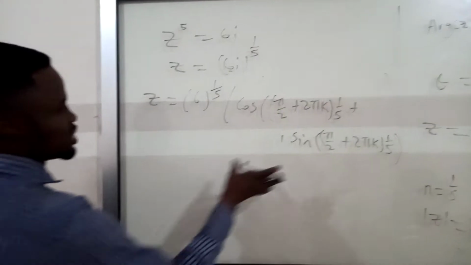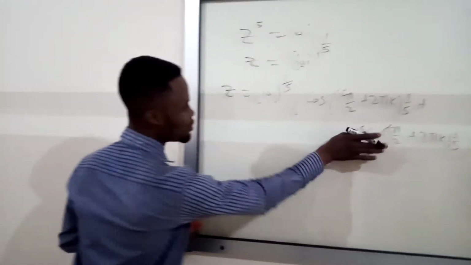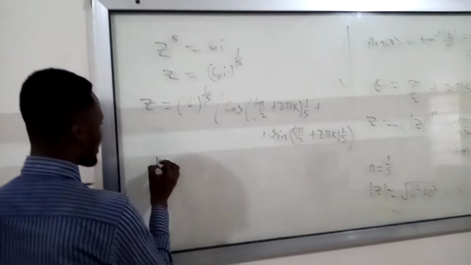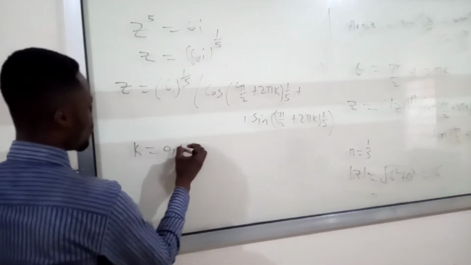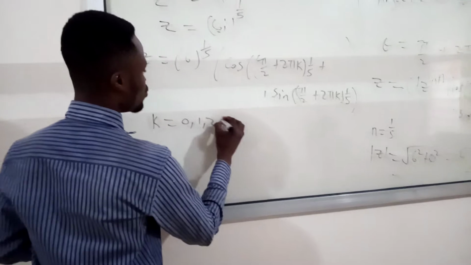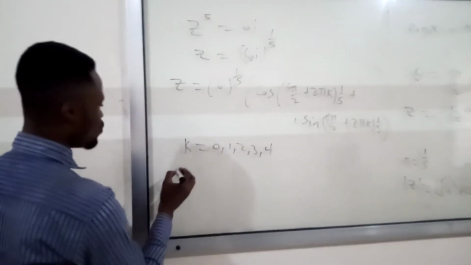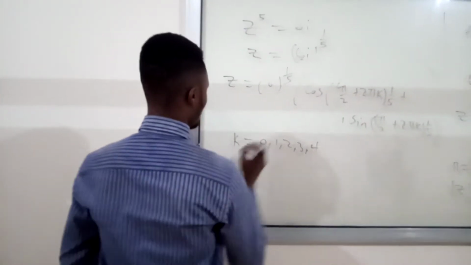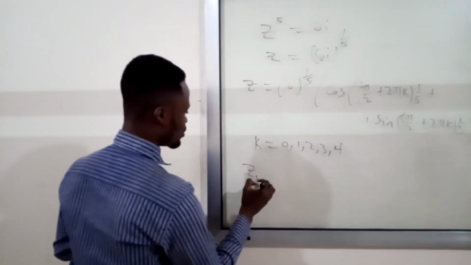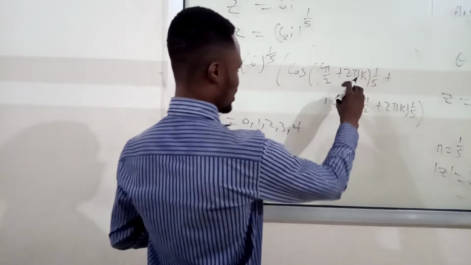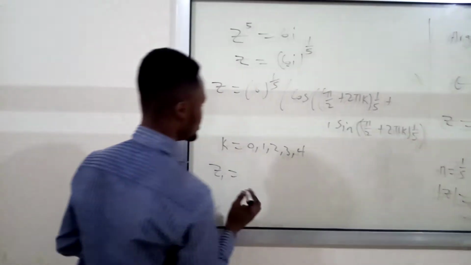If you want the values of Z, we are starting from when k is equal to 0, 1, 2, up to 4. Starting from this formula, when k is equal to 0, that is Z1. So we go to the formula, and where we see k, we put 0 inside.